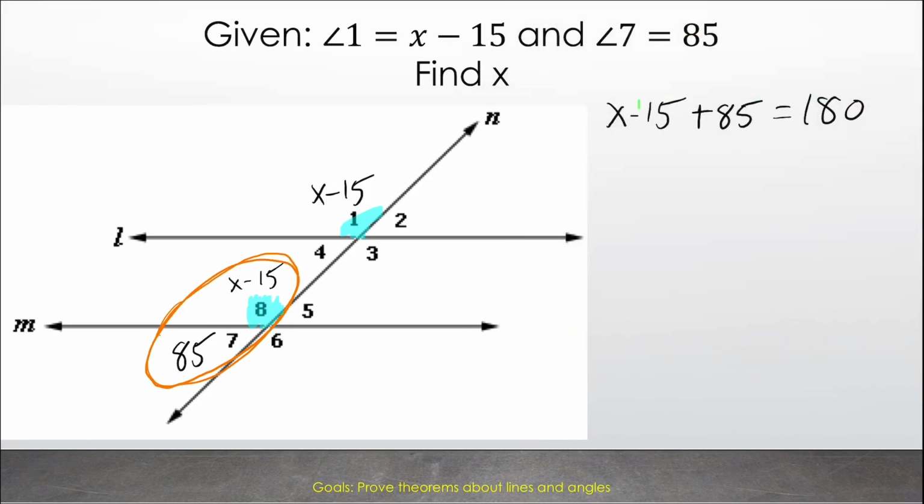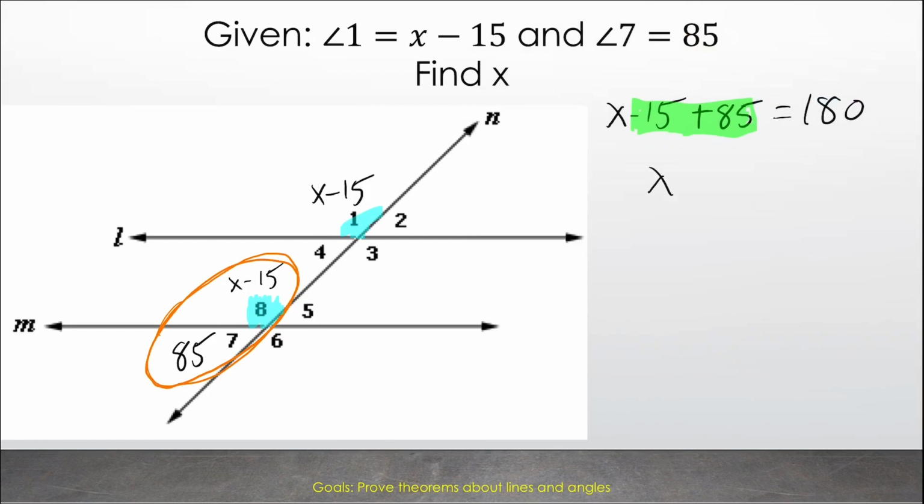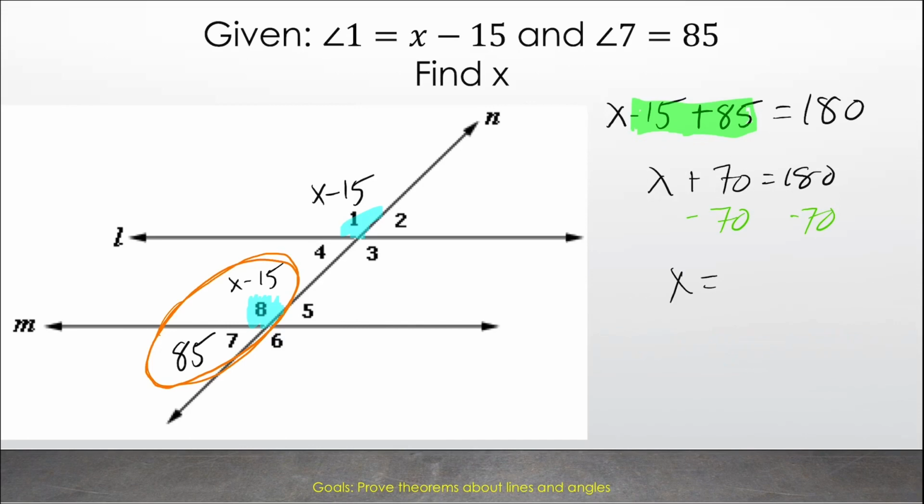Now I can combine my like terms here. 85 minus 15, and I get x plus 70 equals 180. Then I'm going to subtract 70 from both sides. I know x needs to equal 110 degrees. Okay? All right, next one.